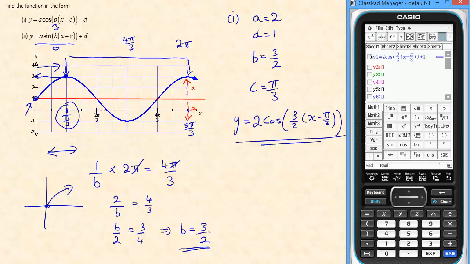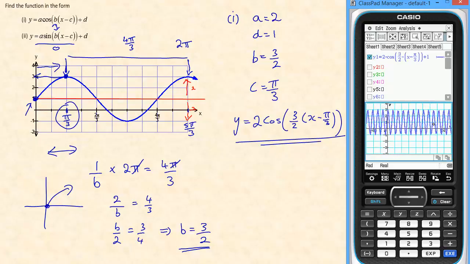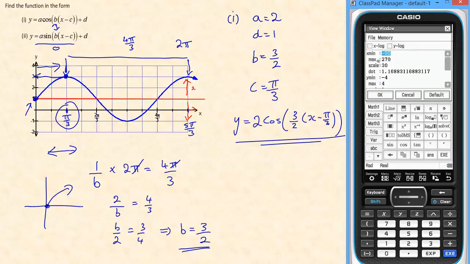And let's graph that. It's going to look rubbish to start with because we're still set up for degrees from the last question that we did. So let's go, as this does, from 0 to 5 pi by 3. And the graduations here are in pi by 6s, so let's do that.